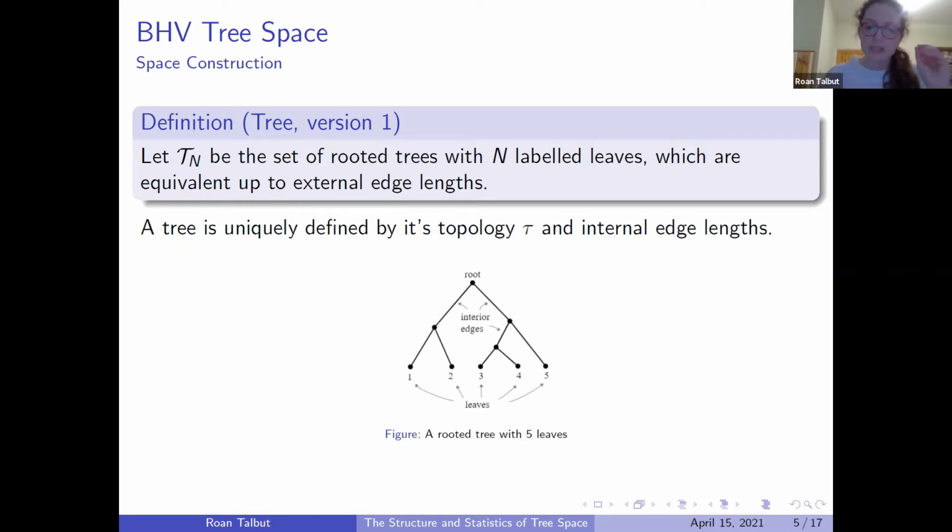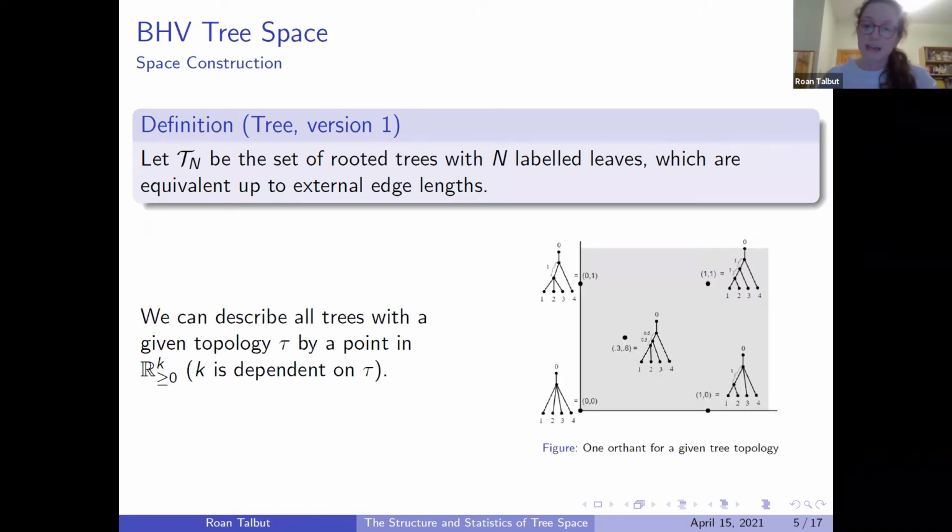If we then focus on one specific splitting pattern or topology, we're only caring about internal edge lengths, and it's quite easy for us to use Euclidean space, with Euclidean geometry, where our coordinates are determined by the lengths of each internal edge.